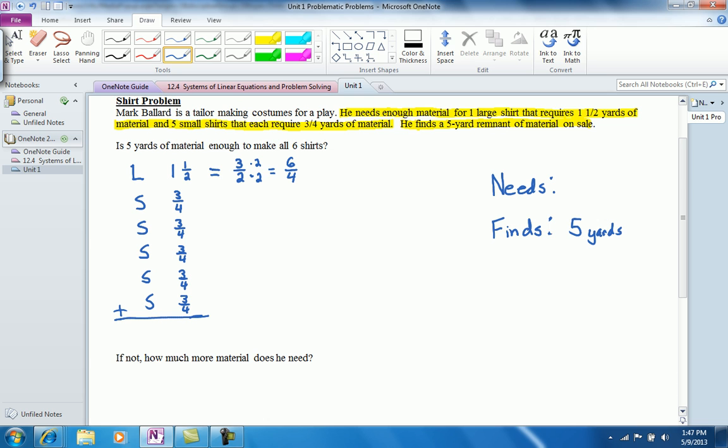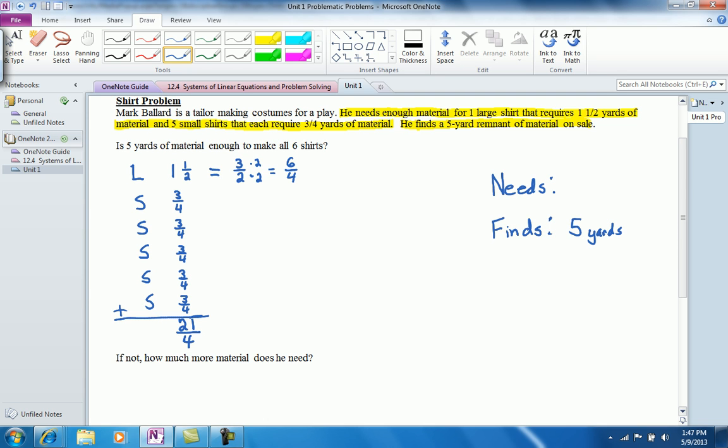So let's add the large and the 5 smalls together. So a 6/4 plus all these 3/4s. If I add all that together, I get 21/4. And that is how much he needs.